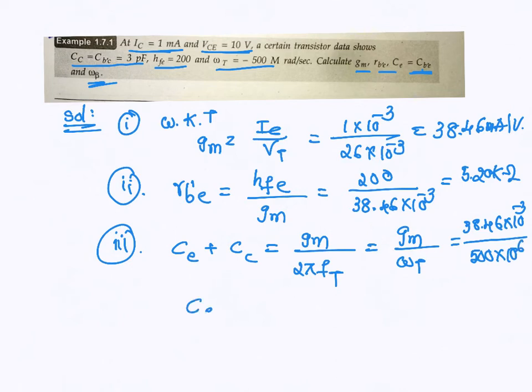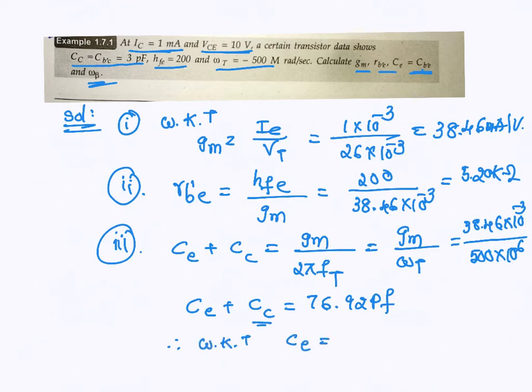So the value of Ce plus Cc will be 76.92 picofarads.